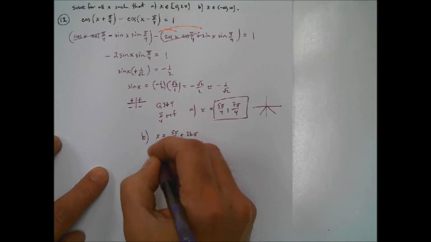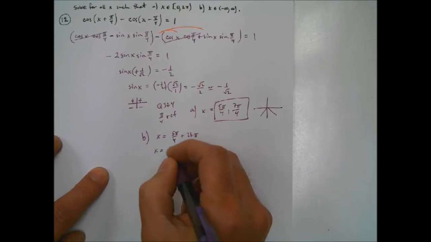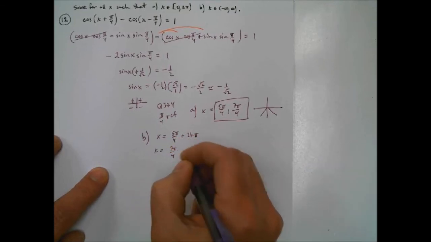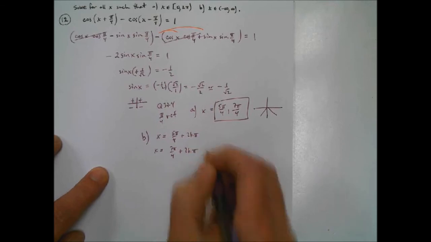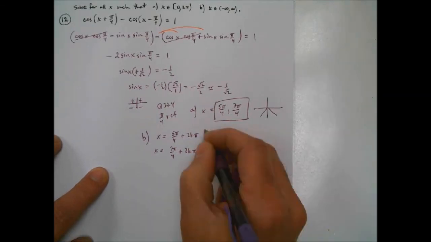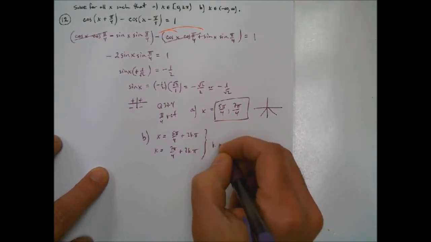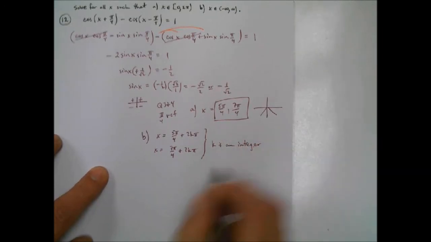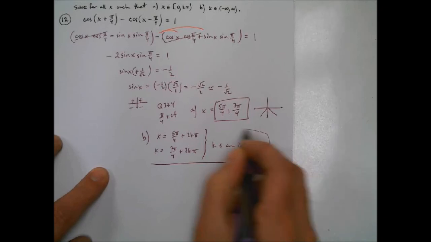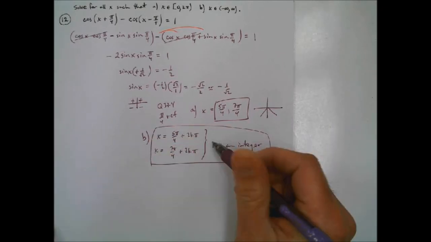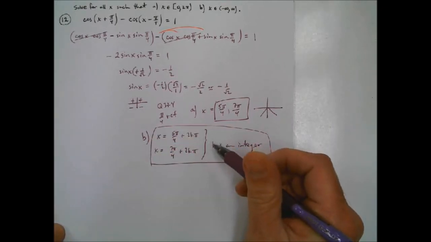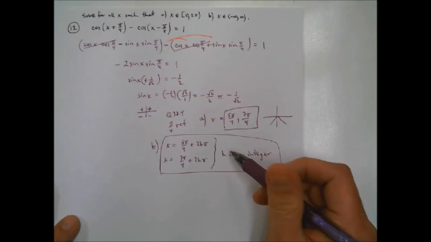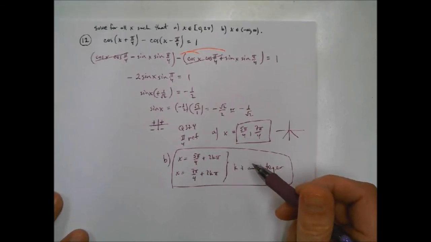And we've also got x equals 7 pi over 4 plus 2k pi, where k is an integer. So this is stuff that we have done before. It's just now we're incorporating the angle addition laws into it.